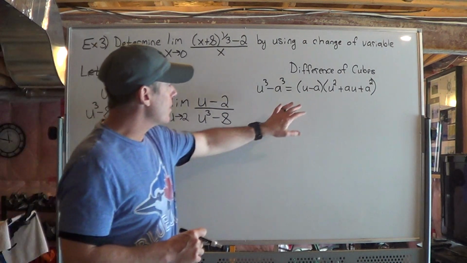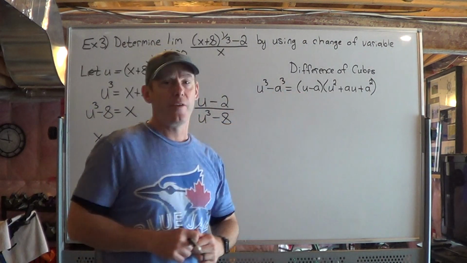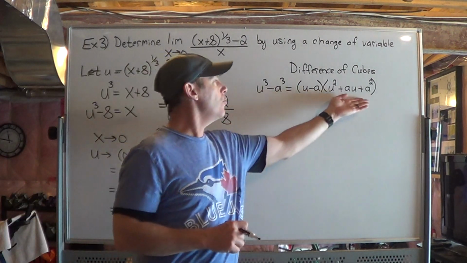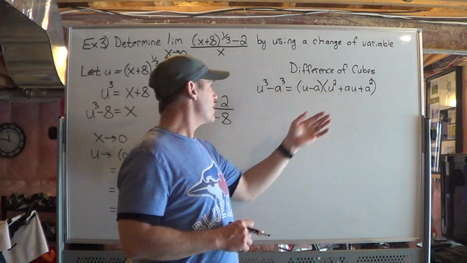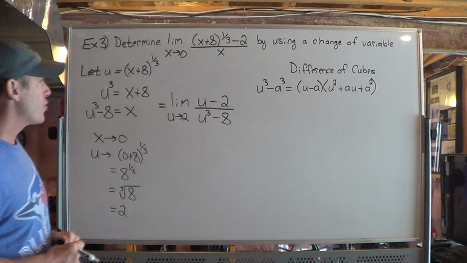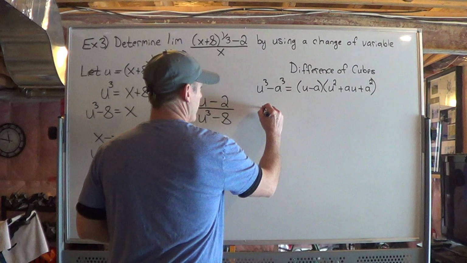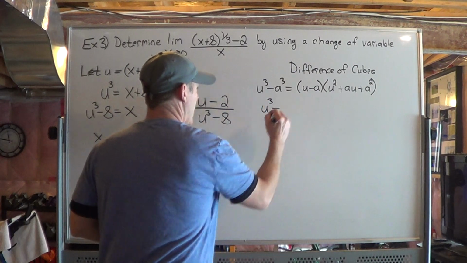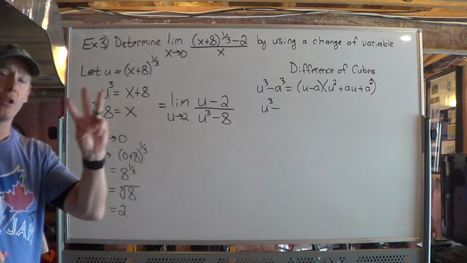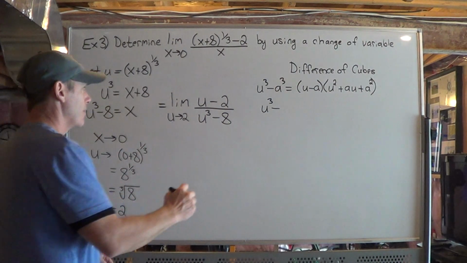But now I'm going to use another little math trick. We've had difference of squares. Well, there's also a formula, difference of cubes. In this case, I do have a difference of cubes in my denominator. Because it really is u cubed minus 8, and as I said down here, if I multiply 2 by itself 3 times, I get 8.